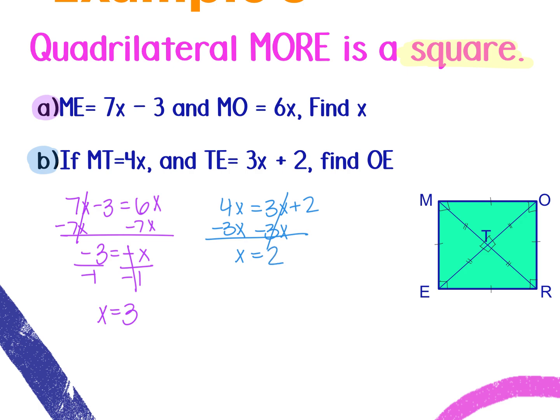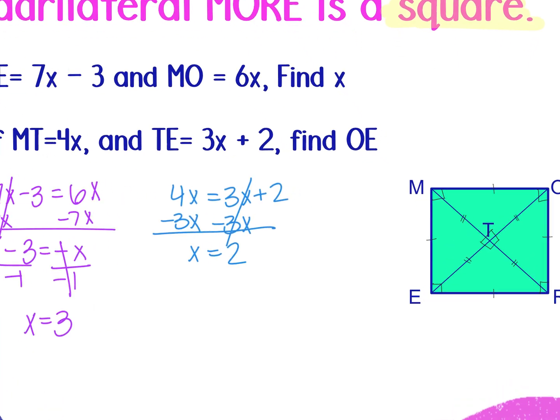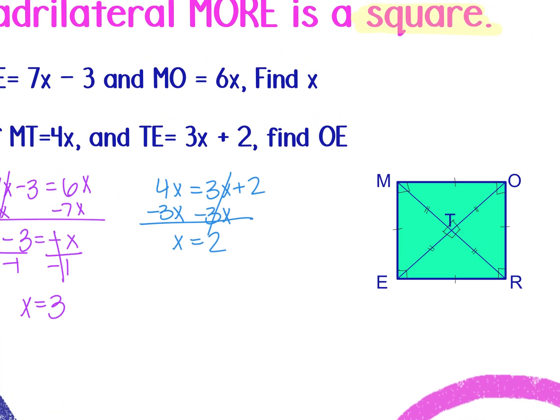Now what do I have to do? I found x. They're not asking me for x. They're asking me for OE. What would I do next? Good. Plug it back in. Do I have to plug it into both of them? No, because they're all the same. Which one would you rather plug it into? Which one's the easiest one? MT. So plugging it in, I'm going to have 4 times 2, which is 8.